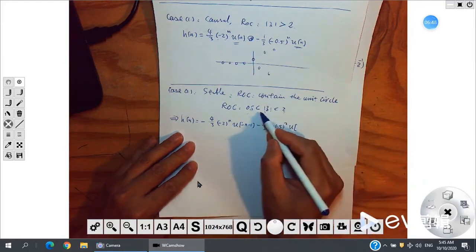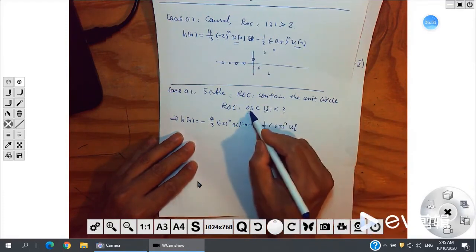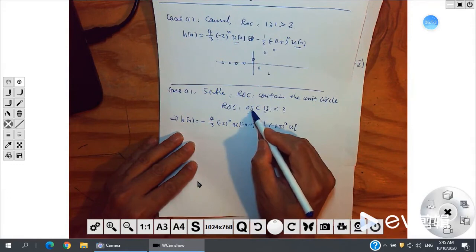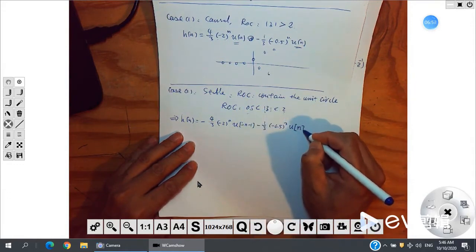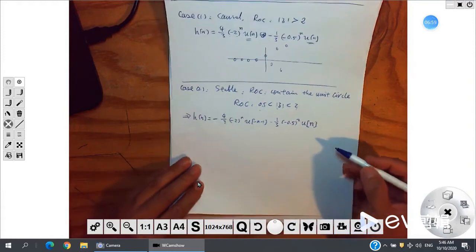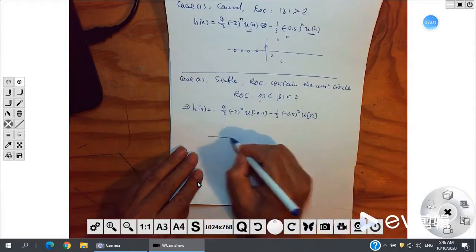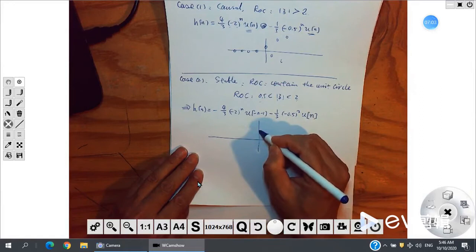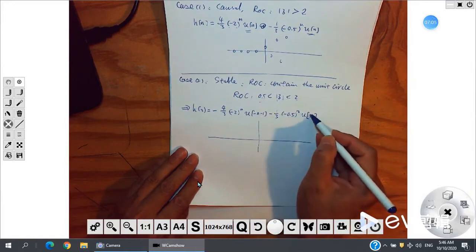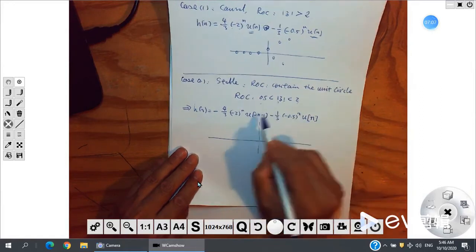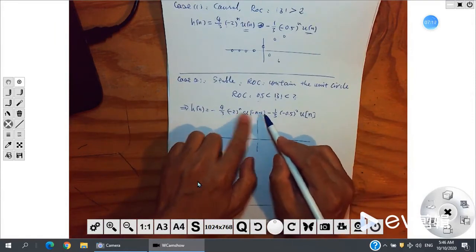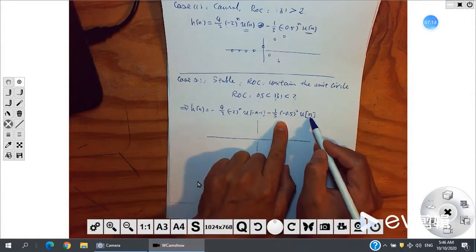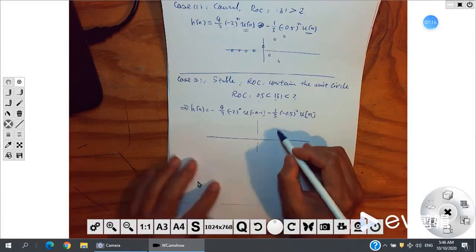You check here. This is z larger than 0.5. Now in RC is larger than 0.5, so here is just u of n. Okay, that's the answer. If you draw the graph, it will look like when n is 0, this is 1, negative 1/3. It's here.